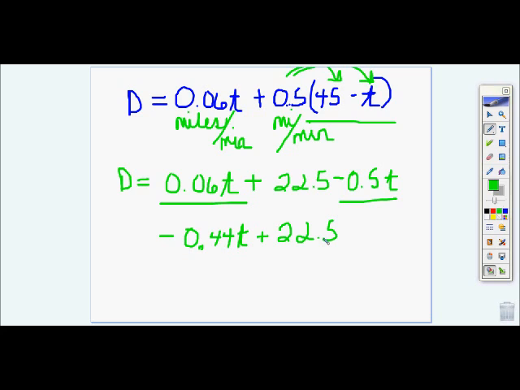You'll notice your operational vocabulary will start to change. Instead of saying adding and subtracting, you're going to start using your integer language of positive and negative. And that now concludes that lesson.